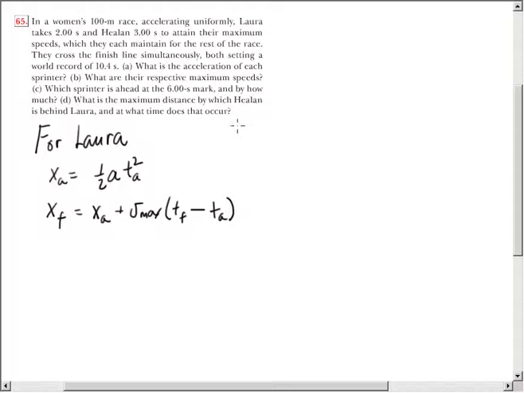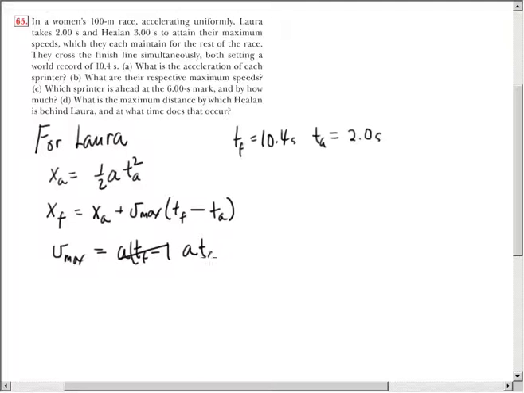Of course, we know T final is equal to 10.4 seconds, and we know TA is equal to 2.0 seconds. And we have one other equation that says that Vmax equals A times TA.